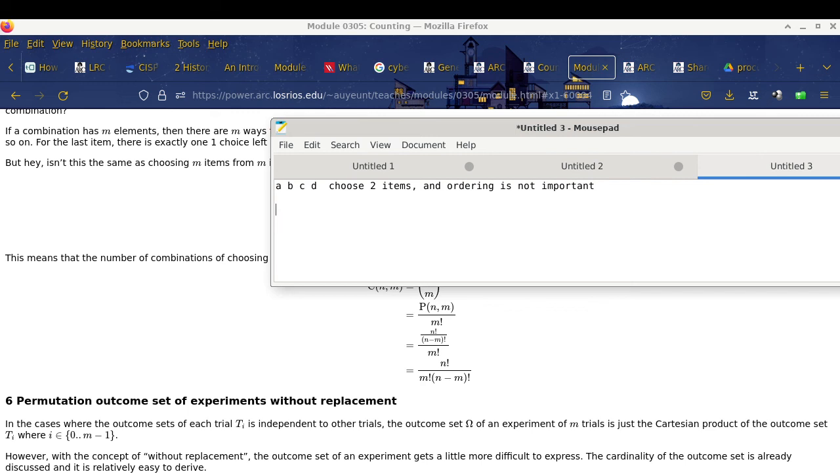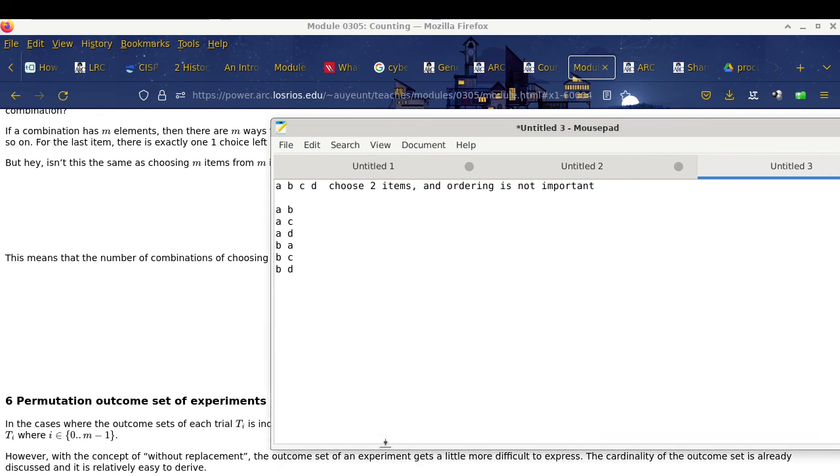The math that we have seen says one way to do it is to start with the number of permutations. I'll pick 2 things out of 4, and first consider ordering important. I can choose A as the first item and B as the second, A then C, A then D. Then B then A, B then C, B then D. You can see where this is going.